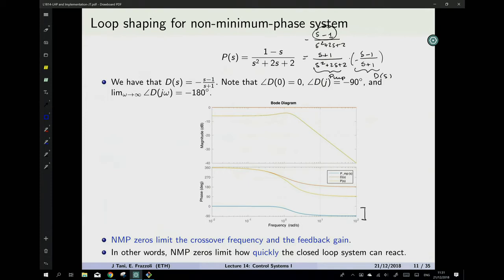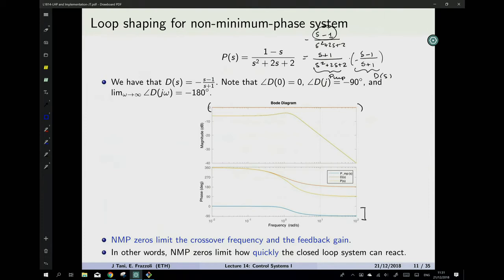So you can see that the magnitude of d(S) is always 1. It's 0 dB across all frequencies. It's the red line above there. But the red line below gives a phase contribution that goes from 360, which is a complicated way of saying 0, to minus pi, okay? A lag of 180 degrees.